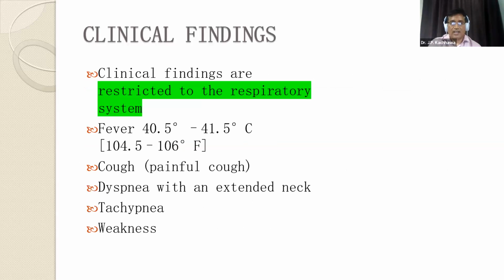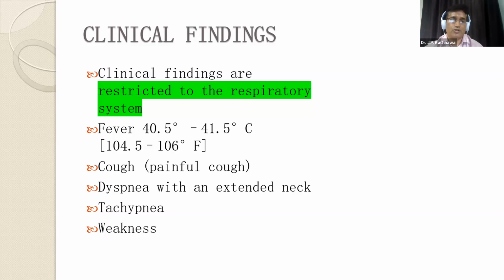The clinical findings noticed in the animals, particularly the clinical signs, are restricted to the respiratory system only. No other system is majorly affected. A few clinical signs may be observed as arthritis. The affected animal may show a high grade of fever, ranging from 104 degrees Fahrenheit to 106 degrees Fahrenheit.